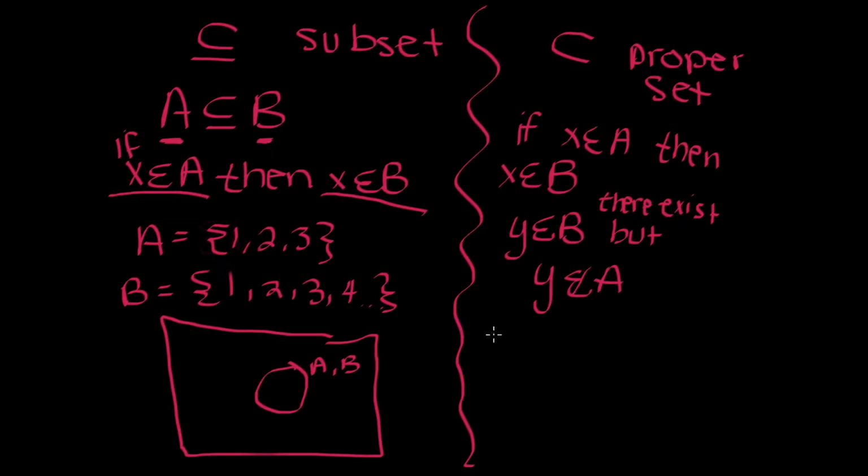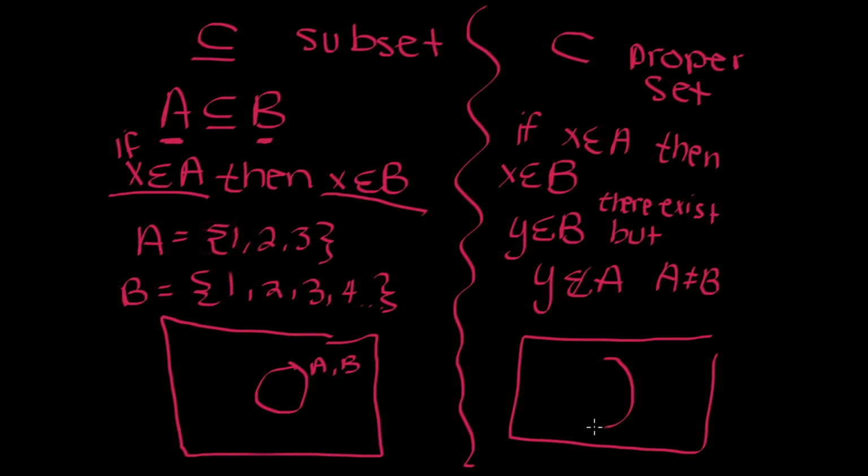So in this situation, this is allowed, but the other situation of 1, 2, 3 and 1, 2, 3 is not allowed. So A cannot equal B, right? So when we do a Venn diagram, it's the exact same thing as our first scenario that we had, but this first scenario is the only thing allowed. You can't have them overlapping anymore.